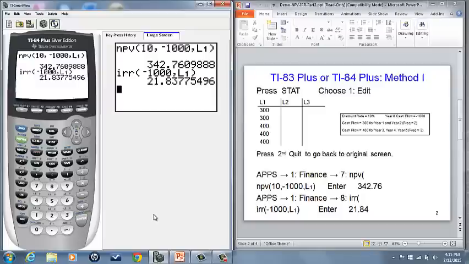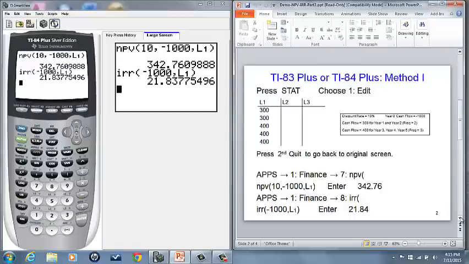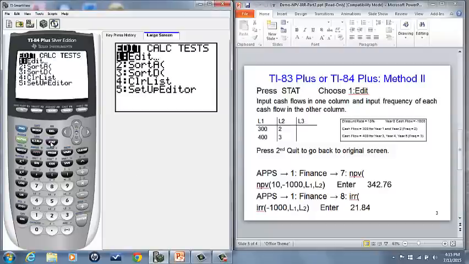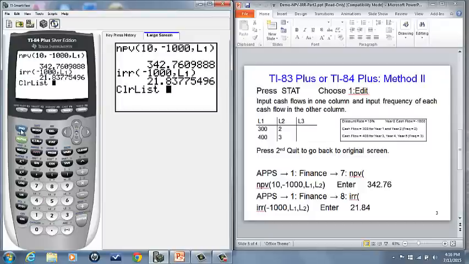Another way we can do this is to input the cash flows in one list and input the frequency of each cash flow in another list. So we can look at the next slide. We already have data in the L1 list, and now we need to clear it. So we press STAT and then choose number 4, ClrList, and then press 2nd 1, which means L1, and enter.